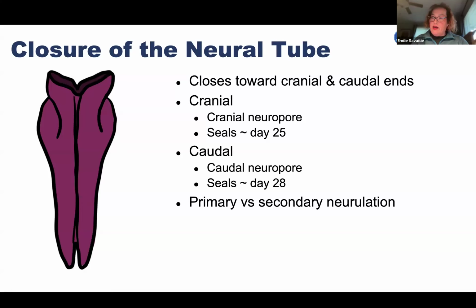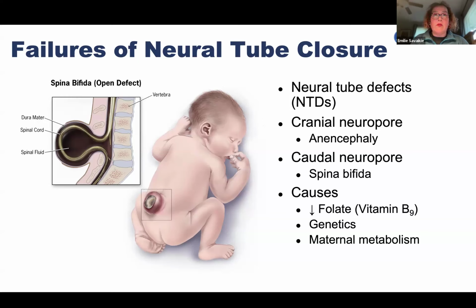So there are some failures with neural tube closure. What happens if we don't close? We call these neural tube defects. If the cranial neuropore fails to close, you get a condition called anencephaly. There are some other conditions that can happen, but most commonly it is anencephaly, where the brain doesn't continue to form. On the caudal end, you have a condition called spina bifida if the caudal neuropore fails to close.